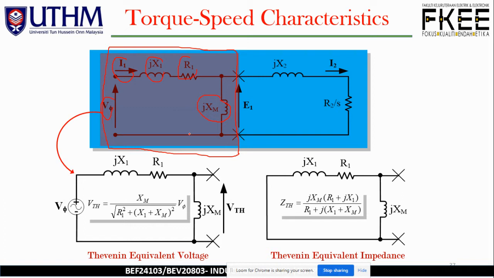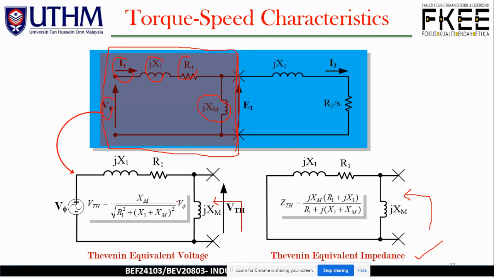So now what happened here? We try to analyze the Thevenin equivalent voltage plus the Thevenin equivalent impedance. So we try to disconnect at this particular part, at the E1 region, and from here try to come up with the VTH circuit as well as the TH impedance.